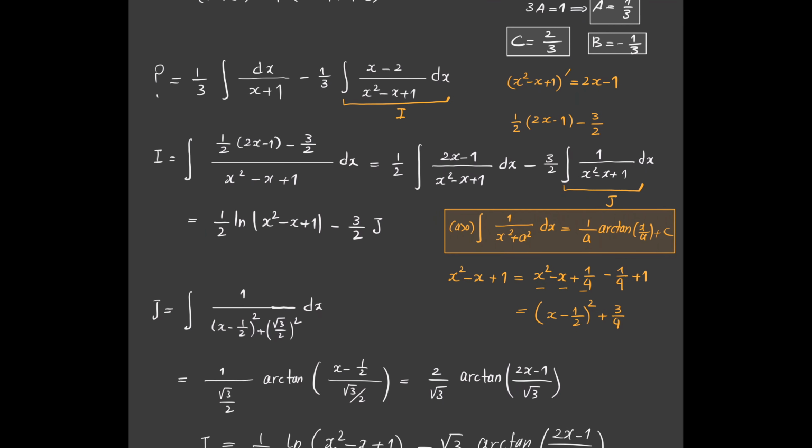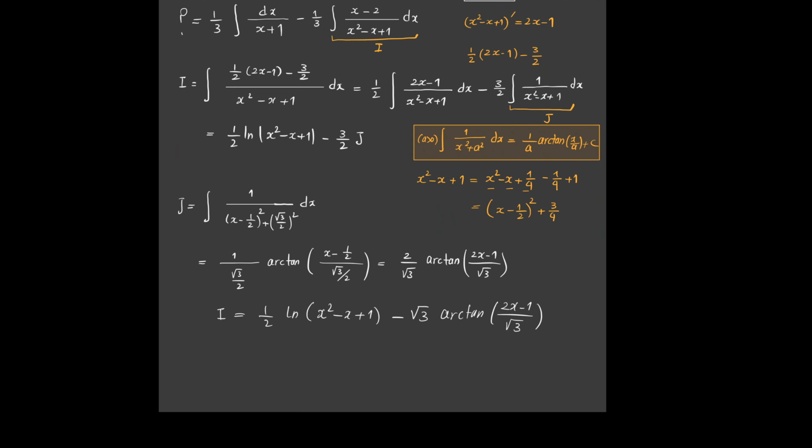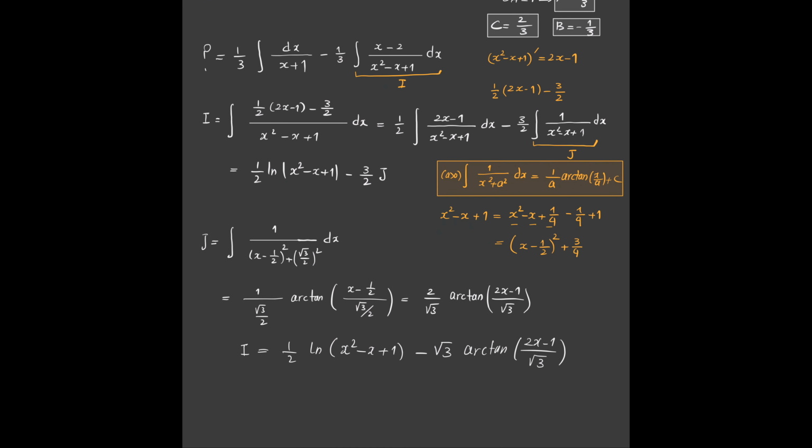But do you remember, in the original form, I have a minus a third times I, and then I also have this one, which is a third ln of absolute value of x plus 1. So if I make it a little bit smaller so that we can see, finally my question mark is equal to 1 over 3 ln of absolute value of x plus 1, yes?